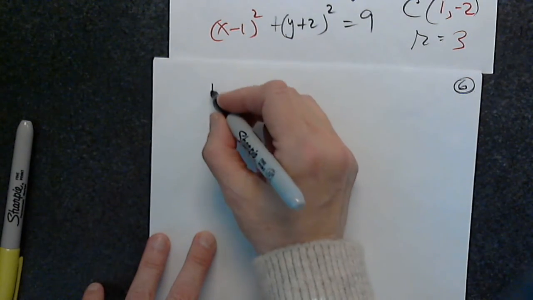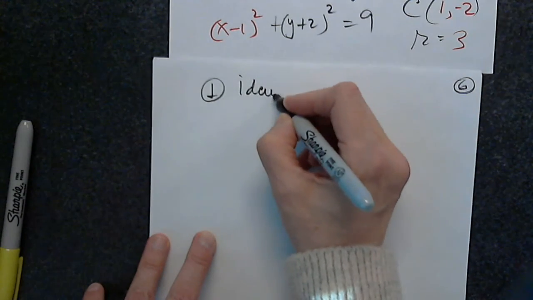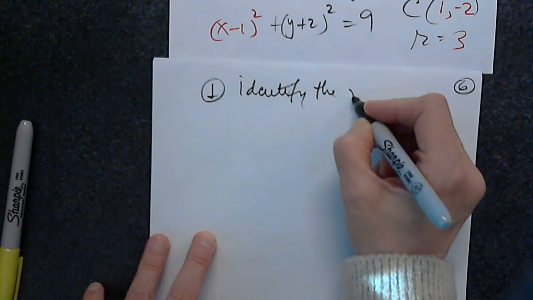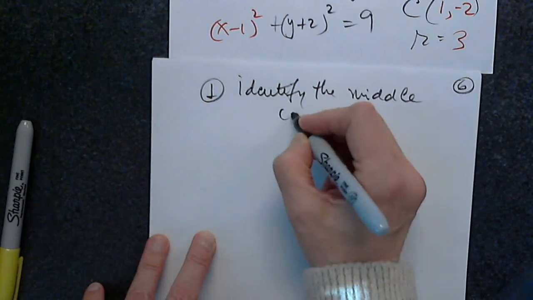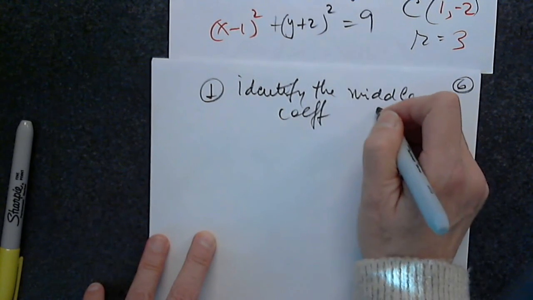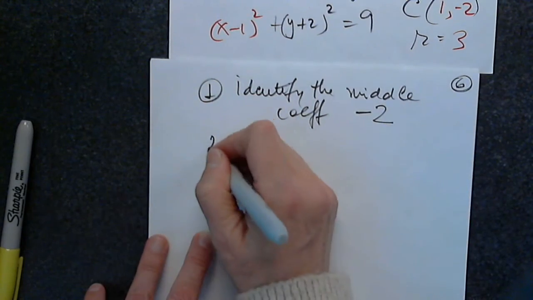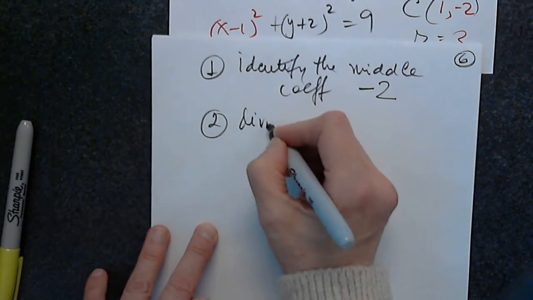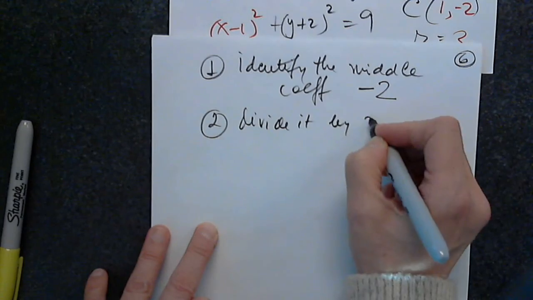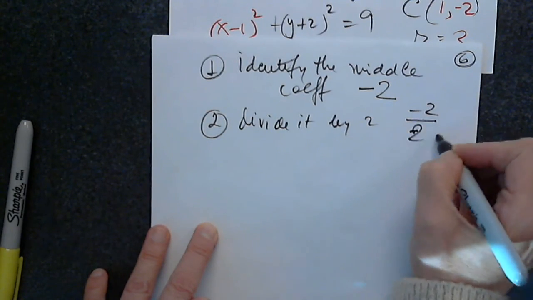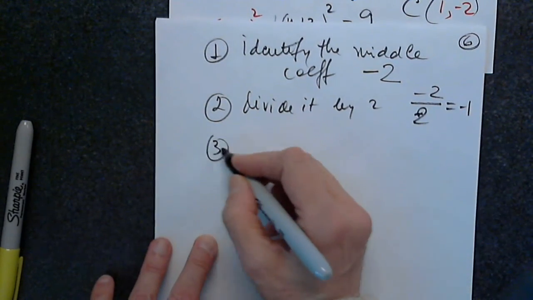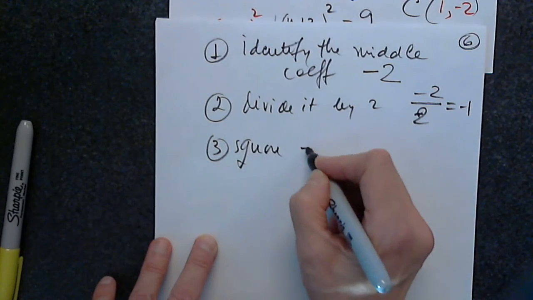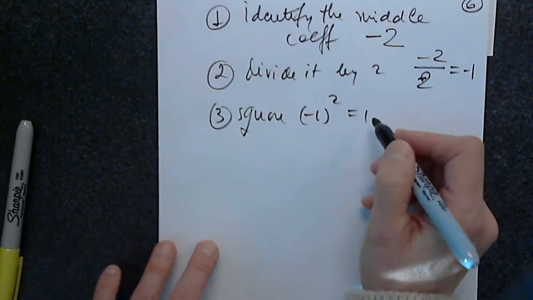So step 1, identify the middle coefficient, which in this case is -2. In step 2, divide it by 2. -2 divided by 2 equals -1. In step 3, square -1 and get 1.